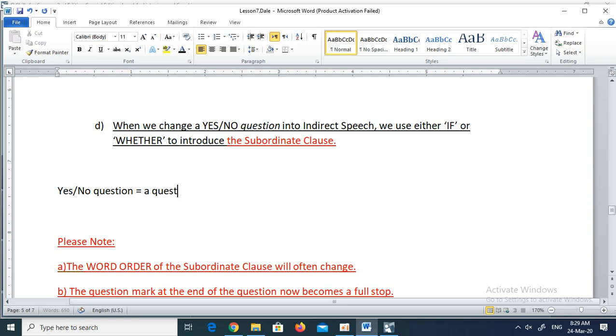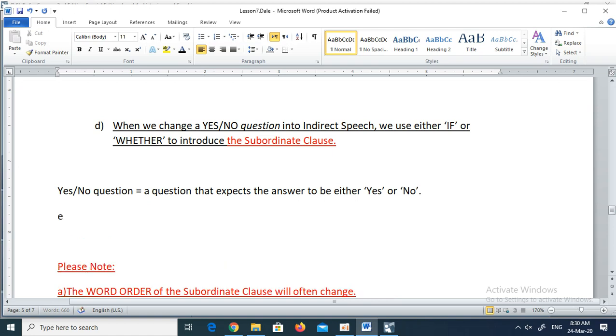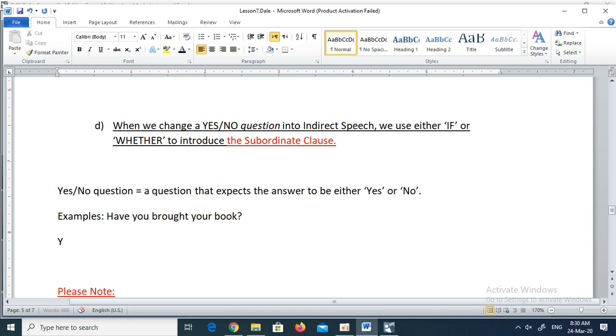A yes or no question is a question that expects the answer to be either yes or no. So if we use an example, "Have you brought your book?" is a yes or no question, because you can either say, "Yes, I have brought my book," or you can say, "No, I haven't."